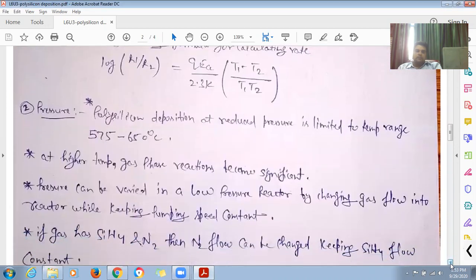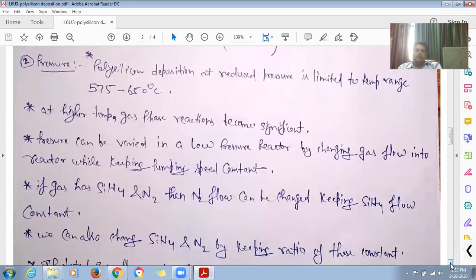Now, the second variable is pressure. Polysilicon deposition at reduced pressure is limited to a temperature range of 575 to 650 degrees centigrade. As we increase the temperature, the gas phase reactions become significant.